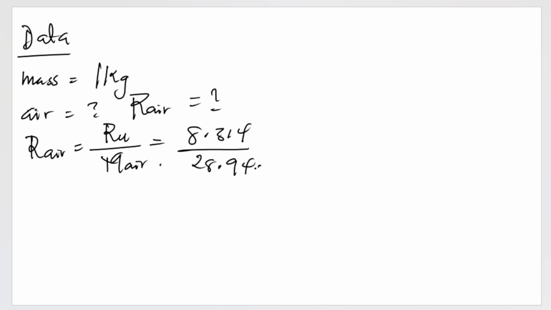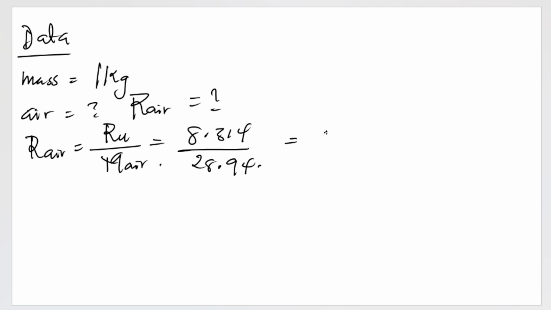Your 28.94 will always be given to you in your question if you have air, oil, and other parameters, as the case might be. But in this question, we're given that 1 kilogram of air was entrapped in a cylindrical, frictionless piston. Are we together?